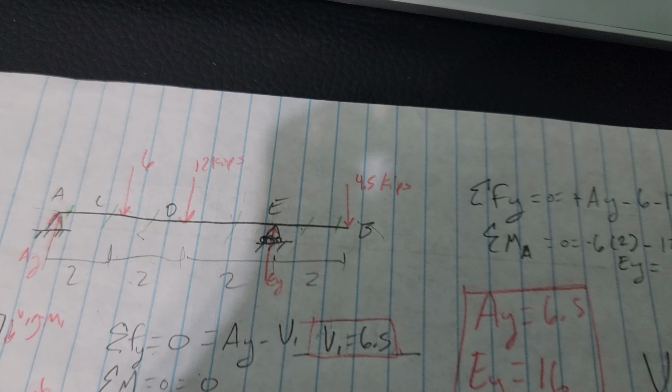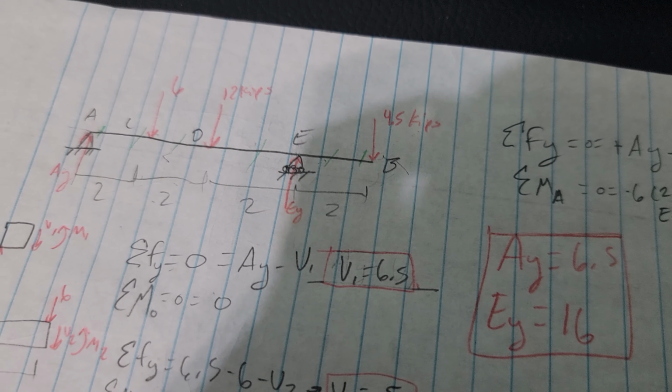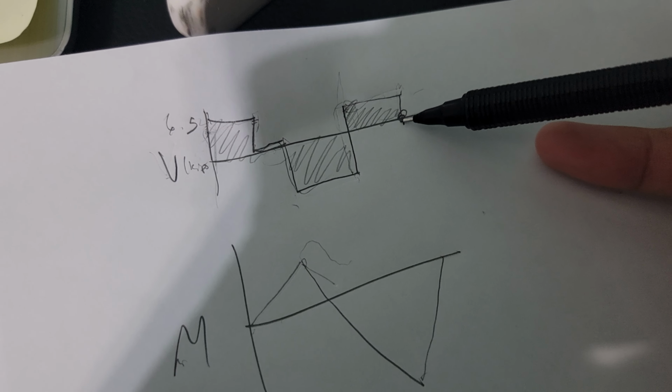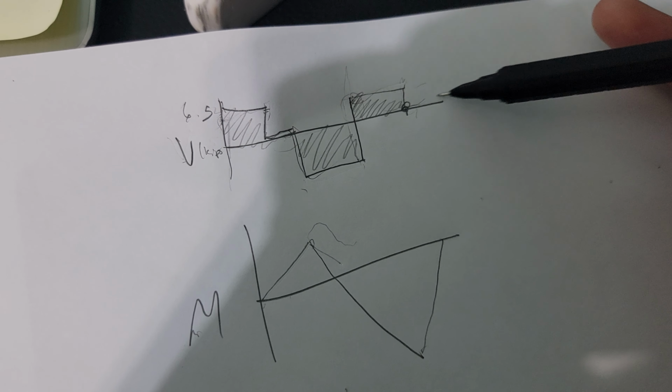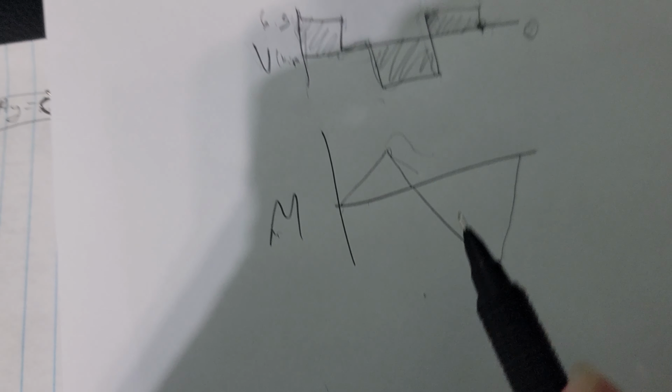And then we have a positive EY, which we know is 16. So over here, we go up 16. And then on the last one, we have a negative 4.5 kips, so we go down 4.5 kips. If we do the math right, it will always end up on the line because it ends up at 0. Okay?